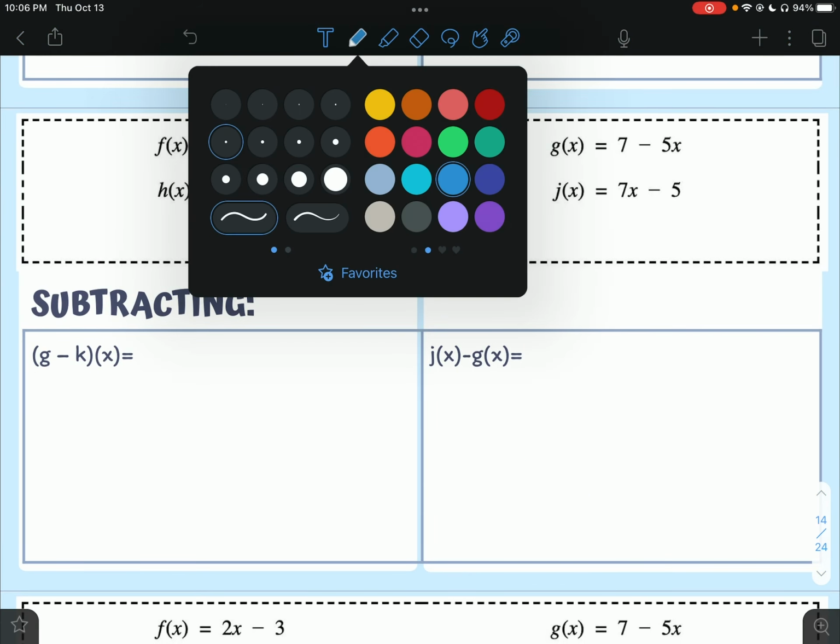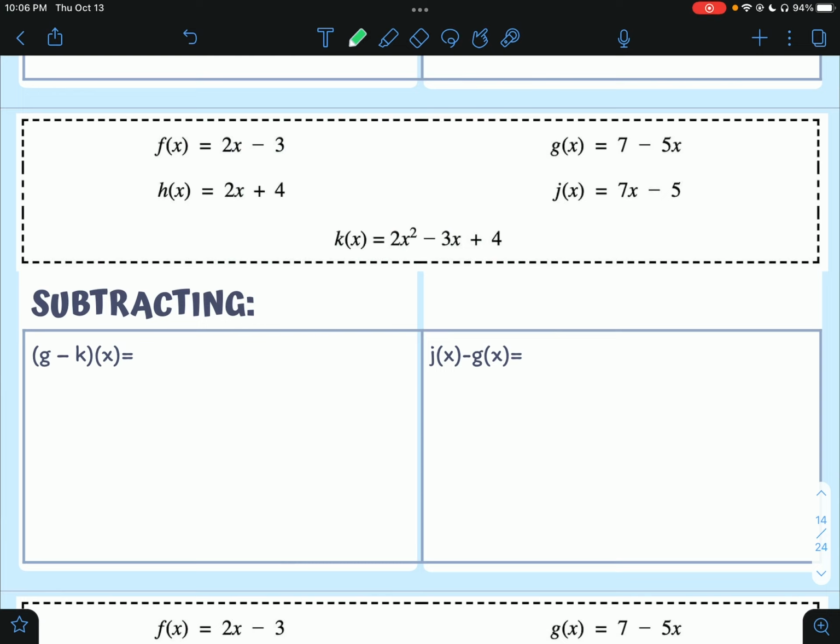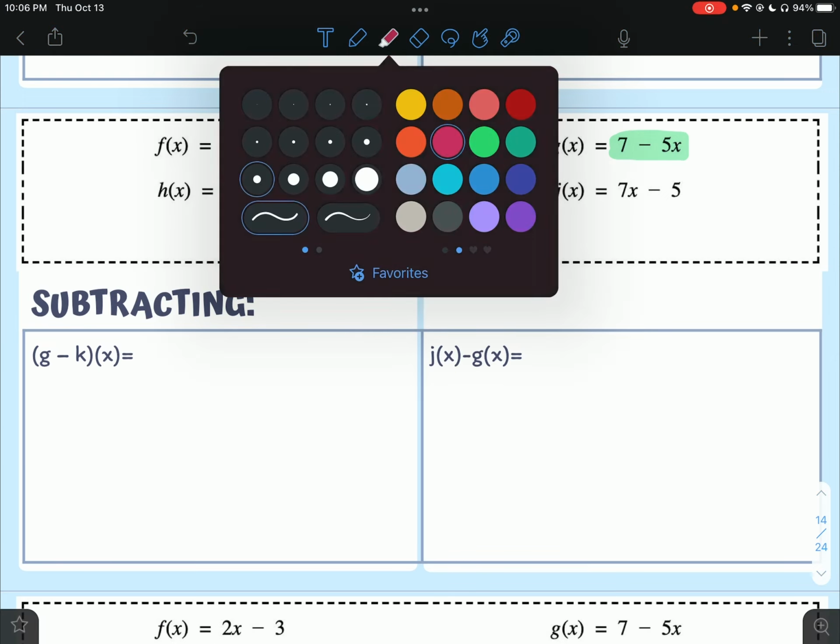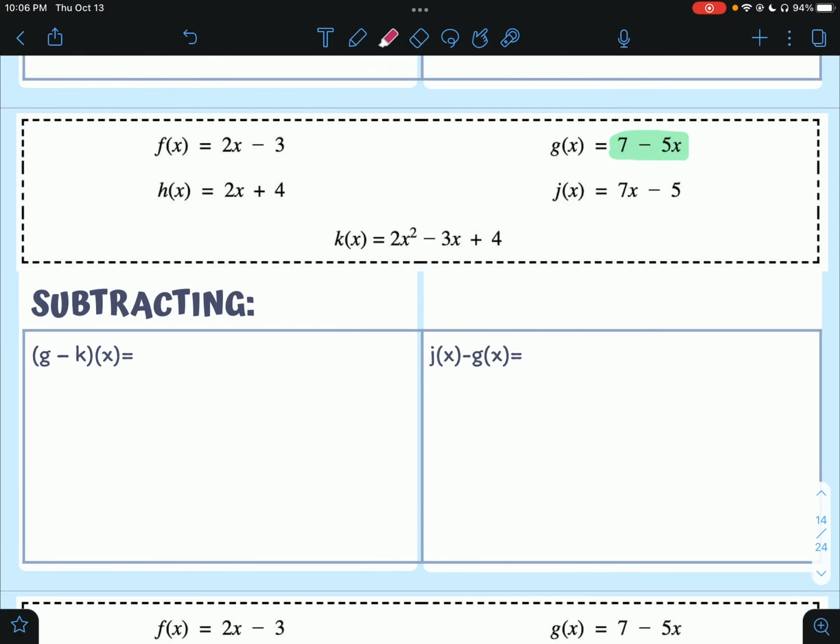We were subtracting with these same 5 functions. If I'm looking at g, 7 minus 5x, and k, 2x squared minus 3x plus 4.